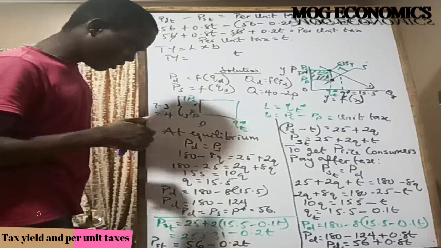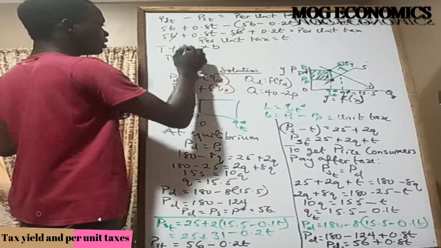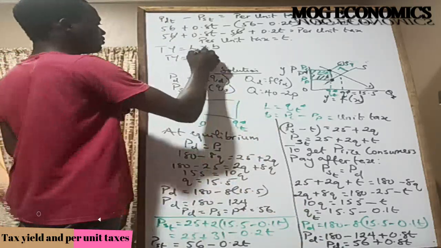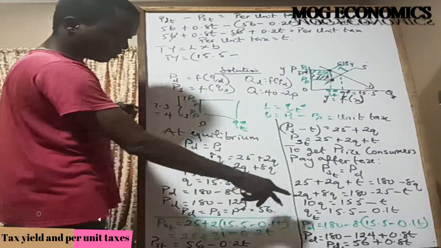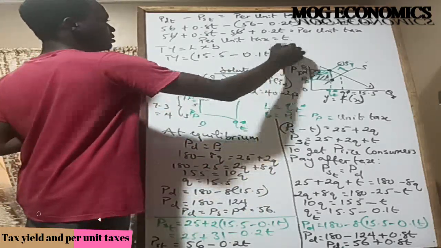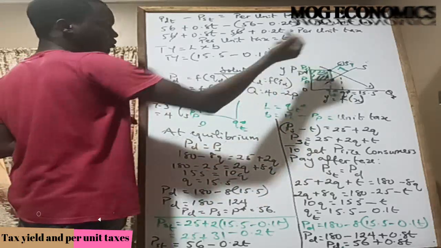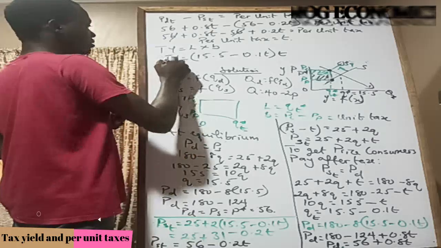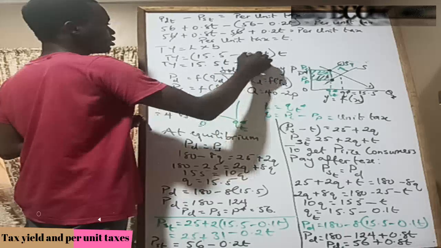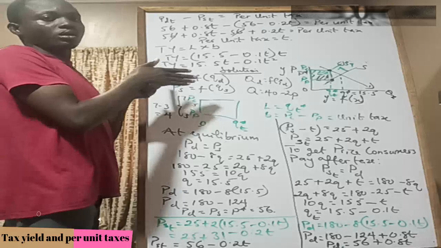We got our QT as this, so we'll have open brackets QT, 15.5 minus 0.1T, multiplied by T. We just basically multiplied this length by this breadth, and that's all. So Ty equals 15.5T minus 0.1T squared. This is the tax yield equation.